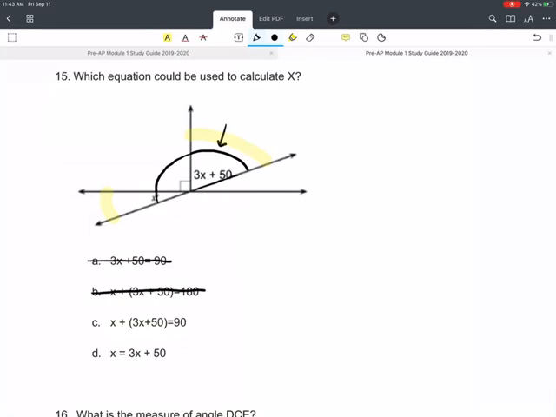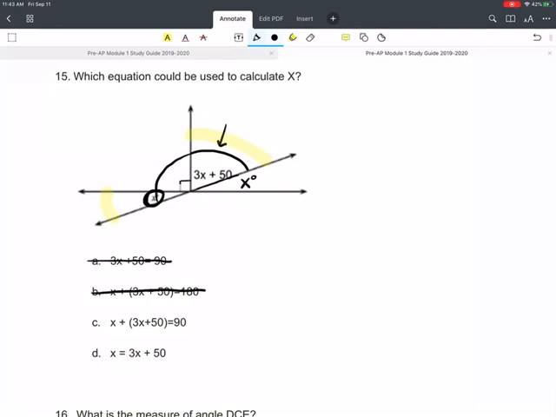For C, it says x plus 3x plus 50 equals 90. So if we think about this, they are not right beside each other. They are part of a 180. But if we think about intersecting lines also, this x degrees would be the same over on the other side as well because they're vertical angles.